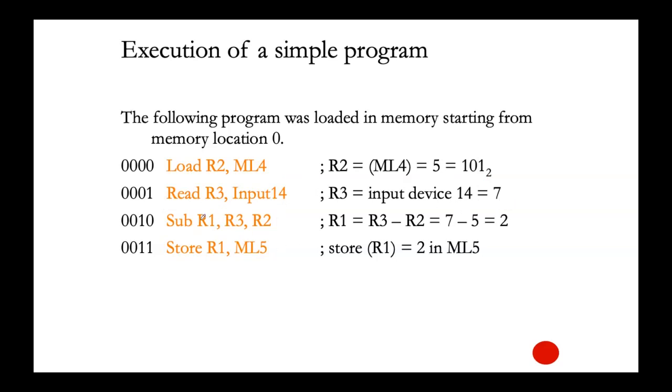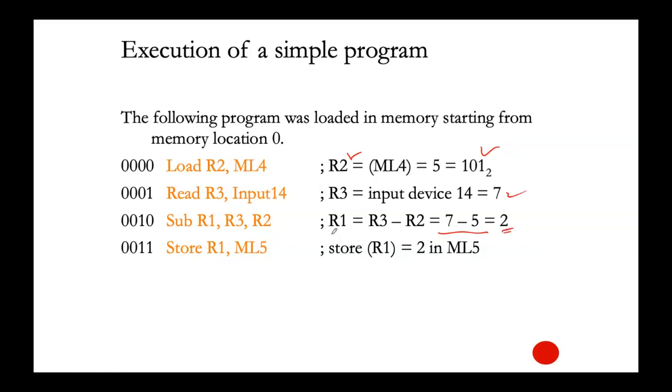And for the subtraction instruction, it says that R1, R2, R3 are available in the register file, and it is performing the operation R3 minus R2, and the result is stored into your R1. So from R2, it is taking 5, and from R3, it is taking 7. So the result is 7 minus 5. That is the ALU operation performed, and the result is 2.